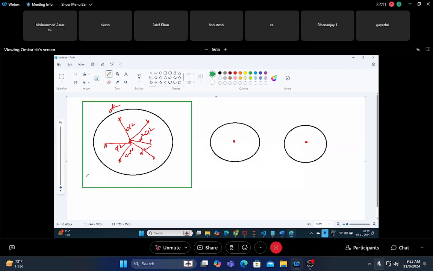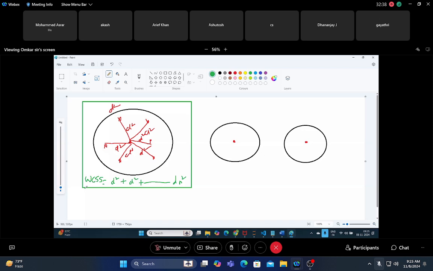So WCSS equals D1 square plus D2 square plus D3 square, and so on, for as many points as there are. When you take one cluster, the maximum value will come. The center point you are taking is for the entire world.